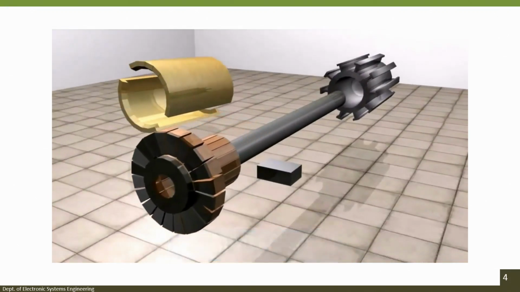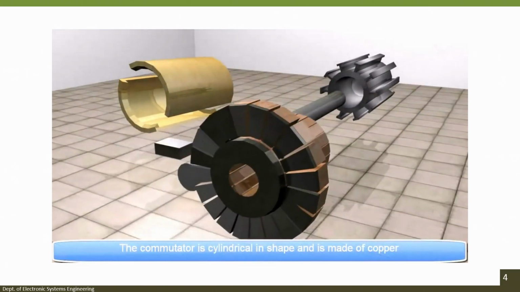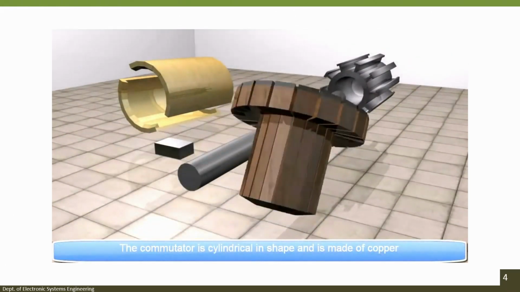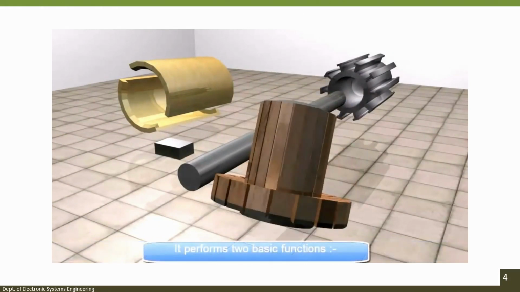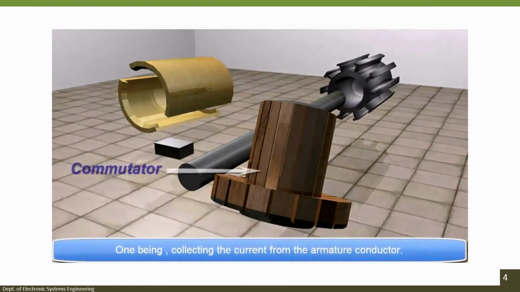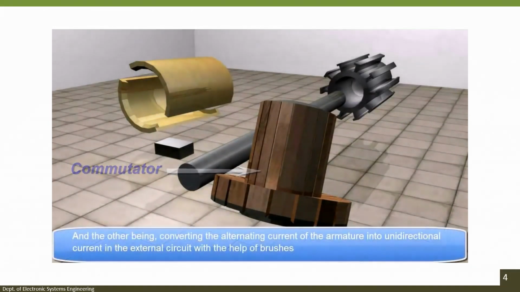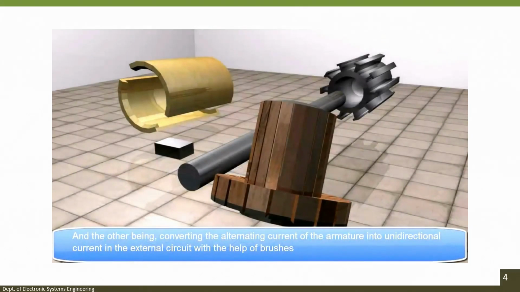Commutator. The commutator is cylindrical in shape and is made of copper. It performs two basic functions, one being collecting the current from the armature conductors, and the other being converting the alternating current of the armature into unidirectional current in the external circuit with the help of brushes.